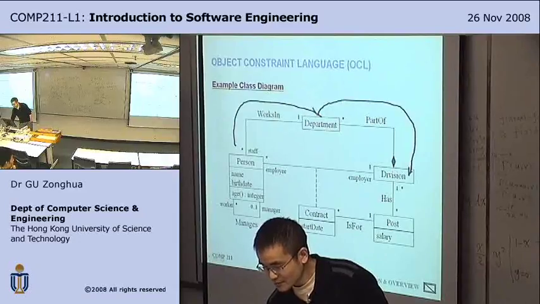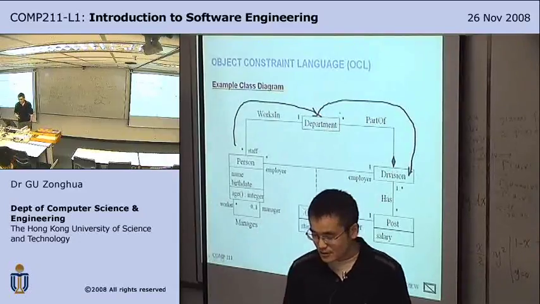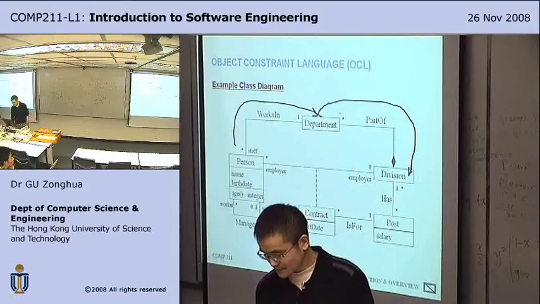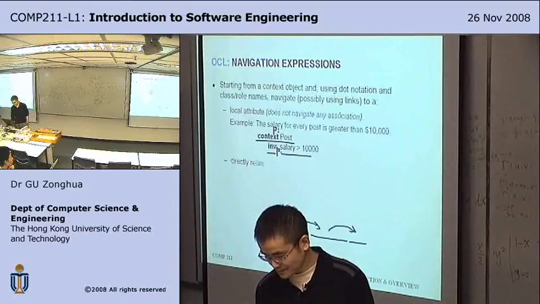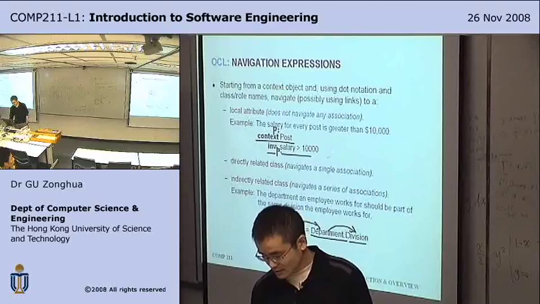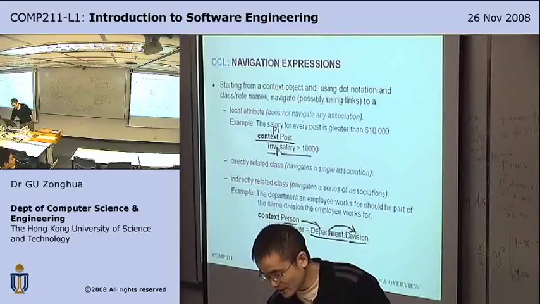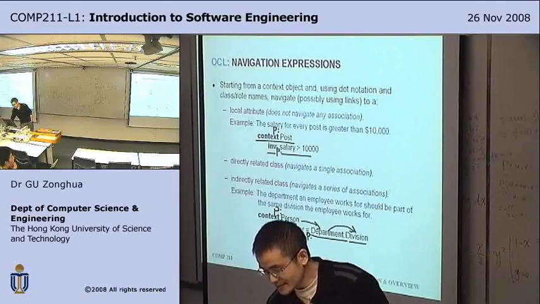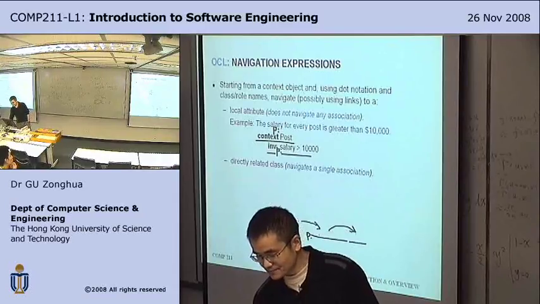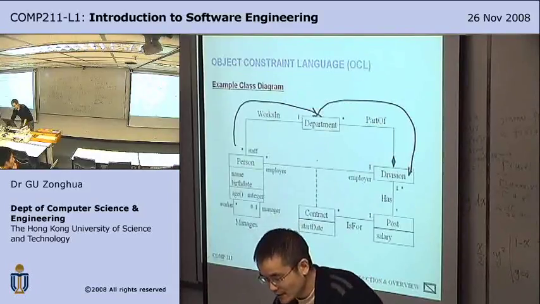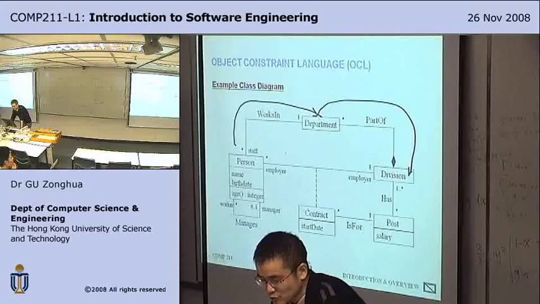Navigation. This object name is omitted, but you can say P colon Person, and then P dot department dot division and P dot employer. It means that you're navigating along this path to department to division, and then from person to division.